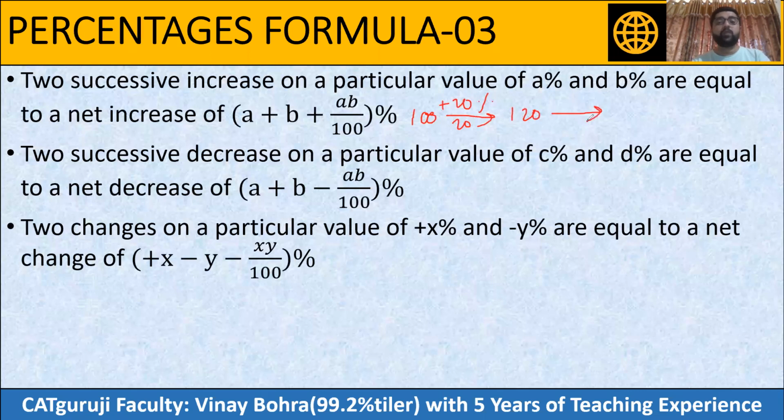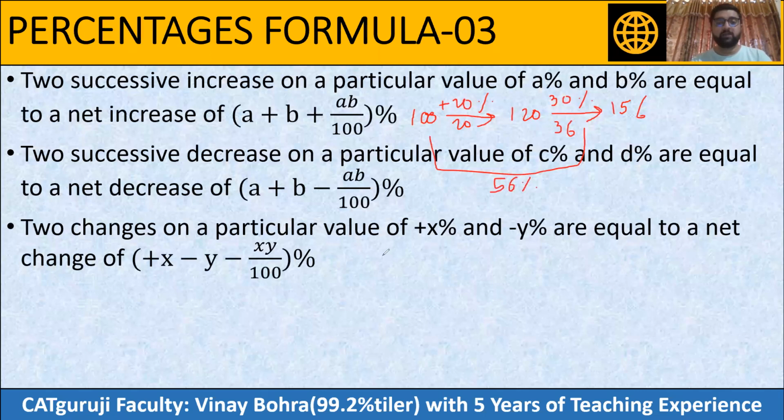Now this 120 rupees is increased by 30%. So 30% of 120 is 36, and that will give you 156. So there is a net increment of 56%. We can use this formula to get this 56%.